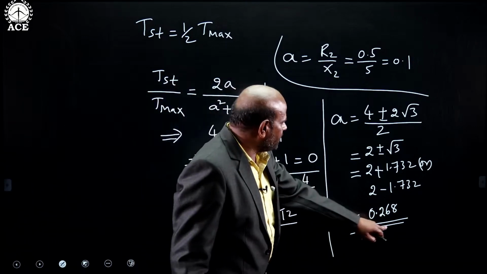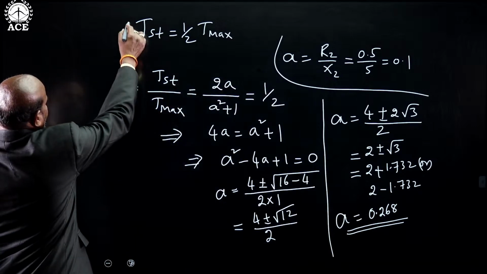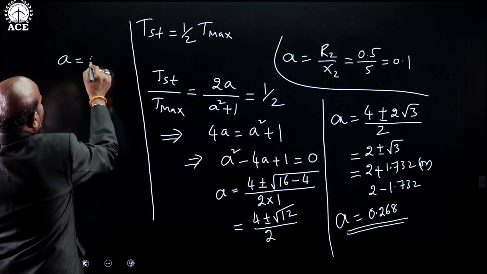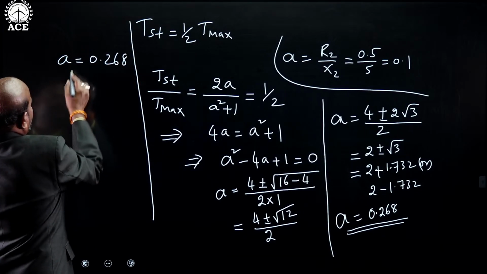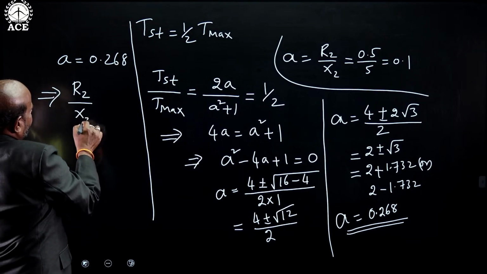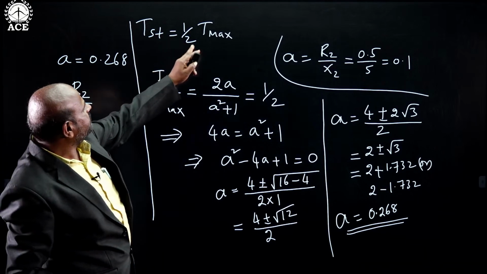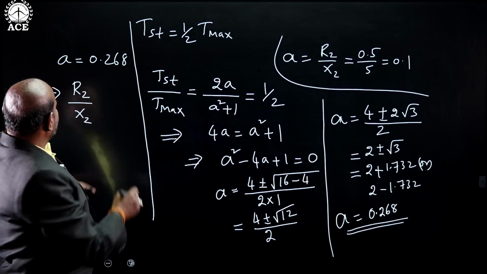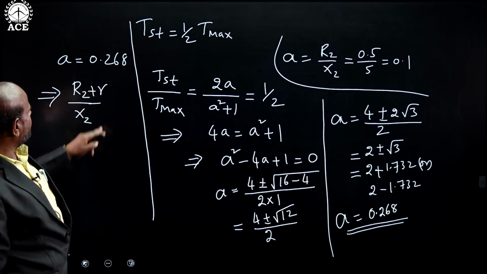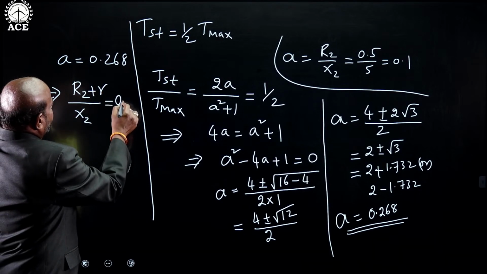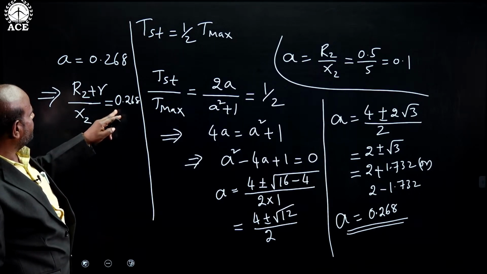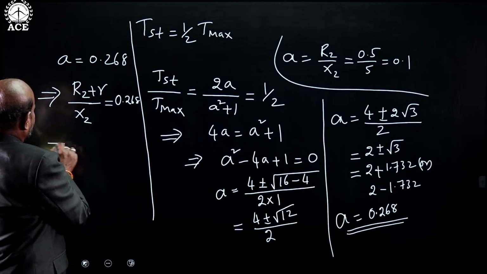A is nothing but R2 by X2 (0.268), but here our condition is that the starting torque is half the maximum torque. What could be the external resistance to be added? Let us assume the external resistance is R, such that this condition occurs. So (R2 plus R) by X2 is equal to 0.268.